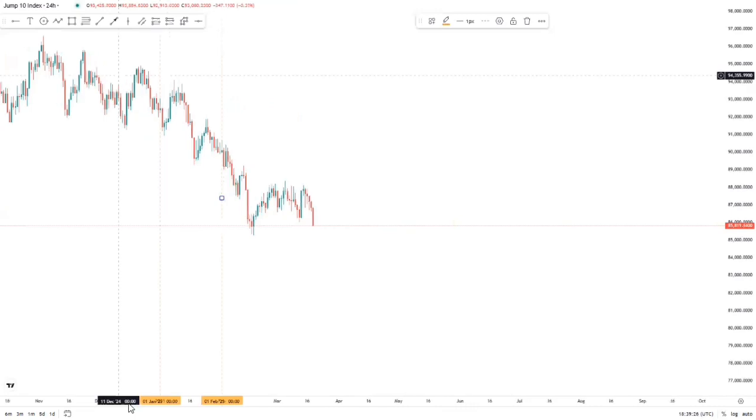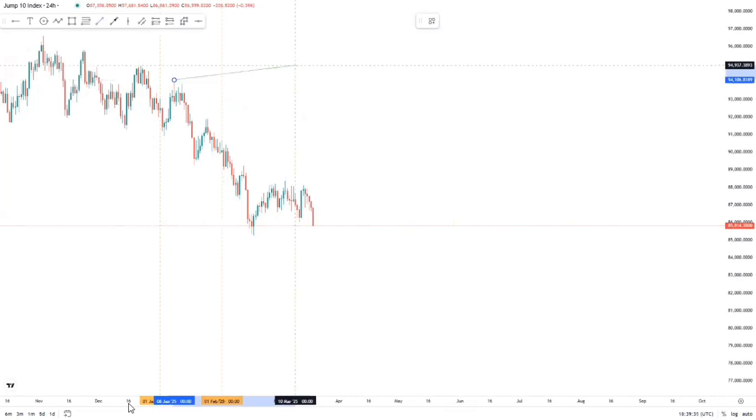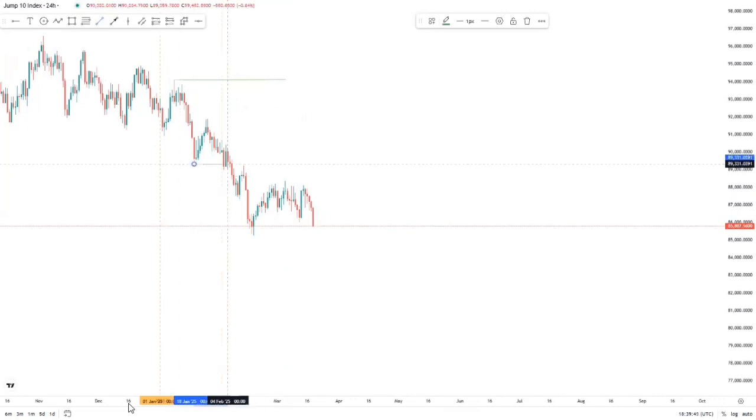And you see for this month, we had this January low. And this was a break of structure. You had a candle closing below. So that was a break of structure here. And in the market structure, we also had a break of structure here.